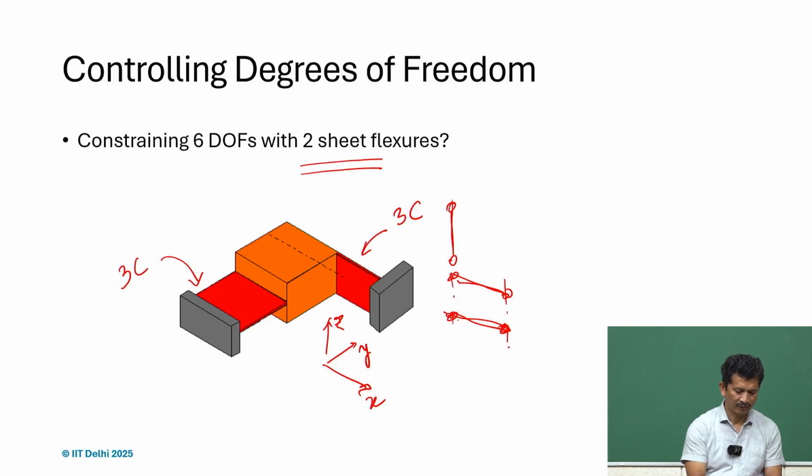If we take this, what we realize is that it is equivalent to 2 constraints in the plane and 1 constraint along this line.